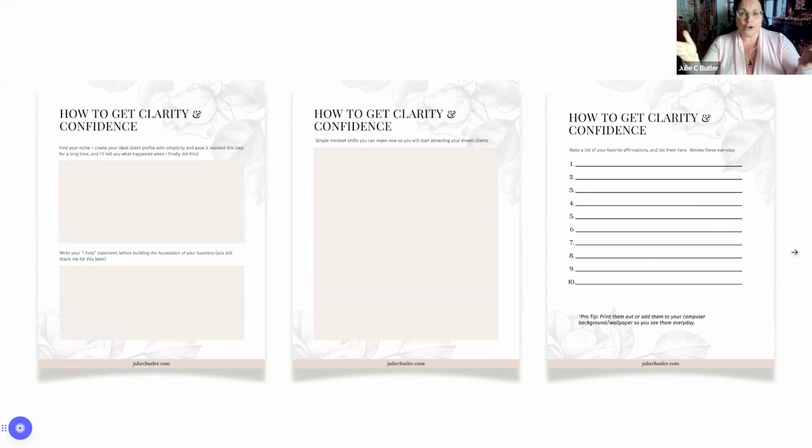And then where do you get affirmations? Well, Google, Pinterest, and just find the ones that you like, the ones that resonate with you, and just write them out here. Or you can even start a Google Doc and write them out, or in Canva, make a pretty graphic with your favorite affirmations.